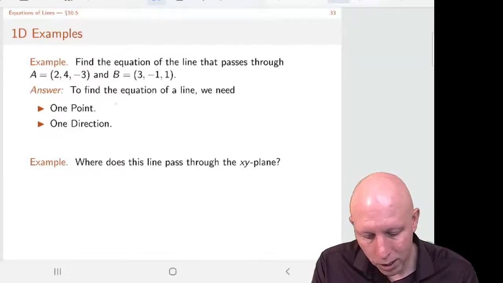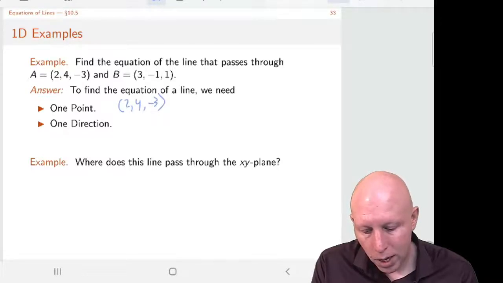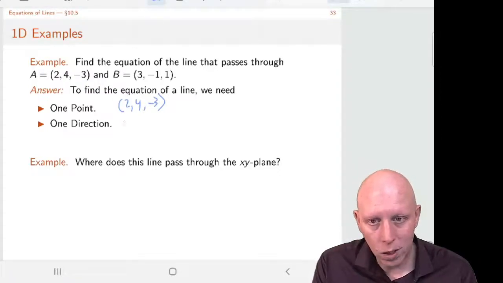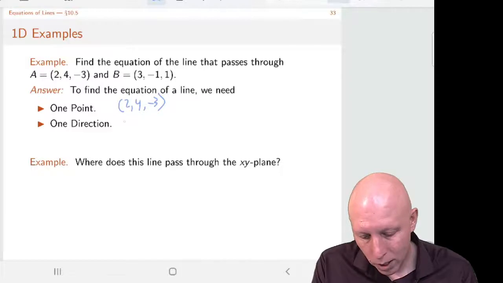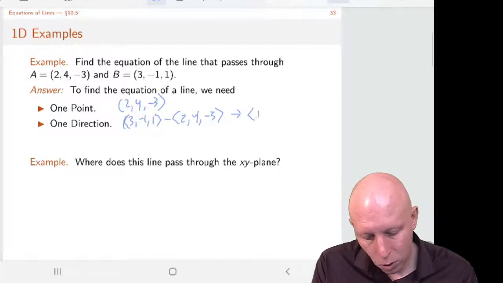Our point, we can just choose any of them, 2, 4, -3. And for a direction, we have to take the difference between the two points. So 3, -1, 1 minus 2, 4, -3 gives us a direction of 1. -1 minus 4 is -5. 1 minus -3 is 4.